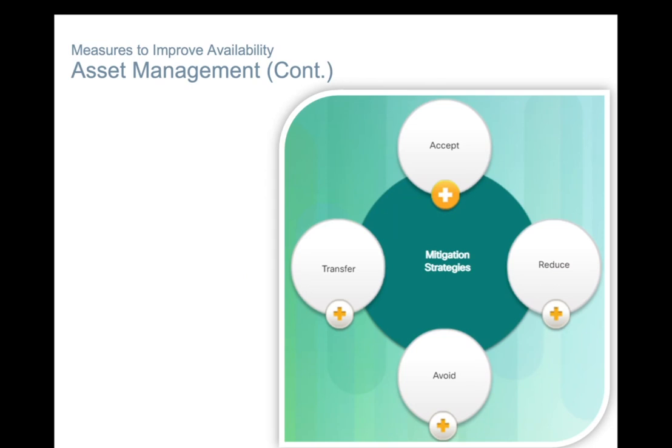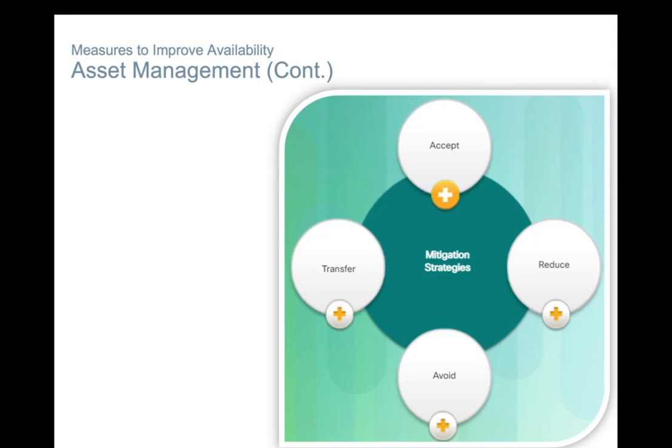Organizations and security professionals must understand that risk mitigation can have both positive and negative impact on the organization. Good risk mitigation finds a balance between the negative impact of countermeasures and controls and the benefit of risk reduction.